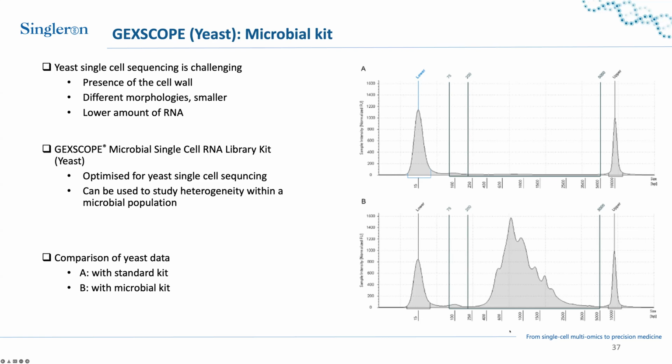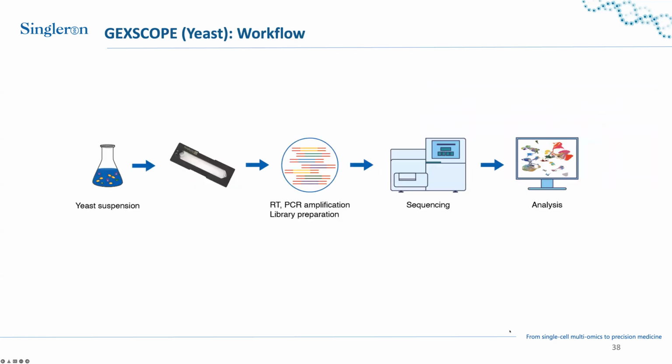You can capture the mRNA. So the workflow here again is: you start from a yeast suspension, partition the cells, lyse the cells, and capture the mRNA on chip. Then prepare the library, do the sequencing and the analysis.